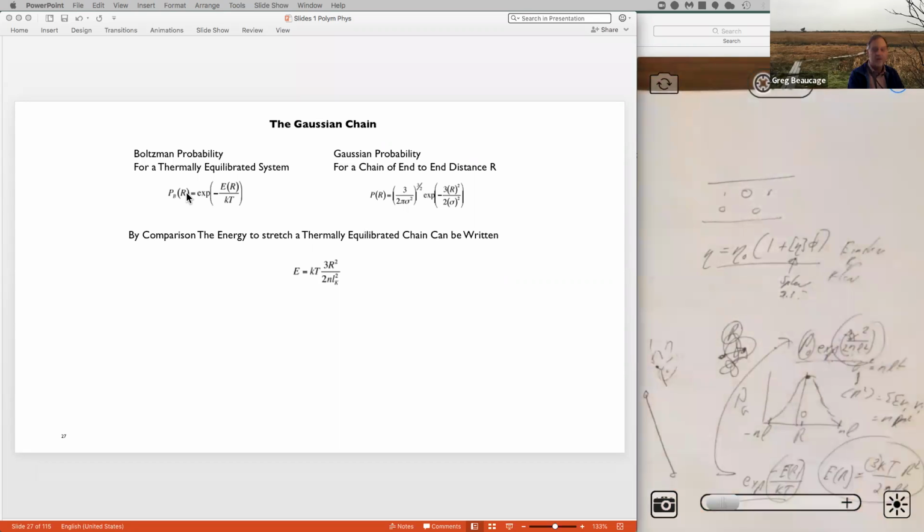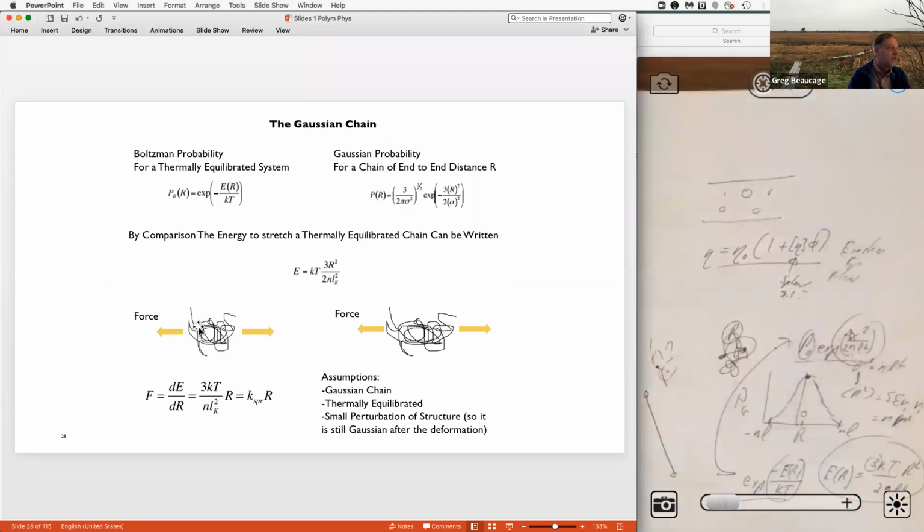So what's the use of that? Well, if you stretch the chain, right, then you can turn the chain into kind of a spring, right? So this is just a normal spring equation. So say that the force relates to the change in energy. So force times distance is energy, right?